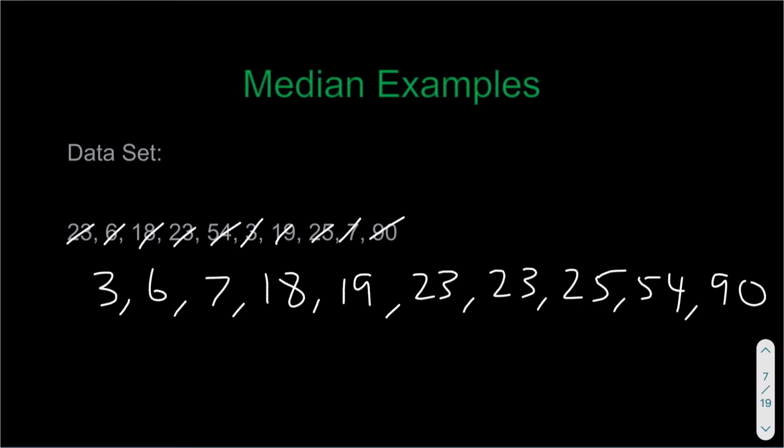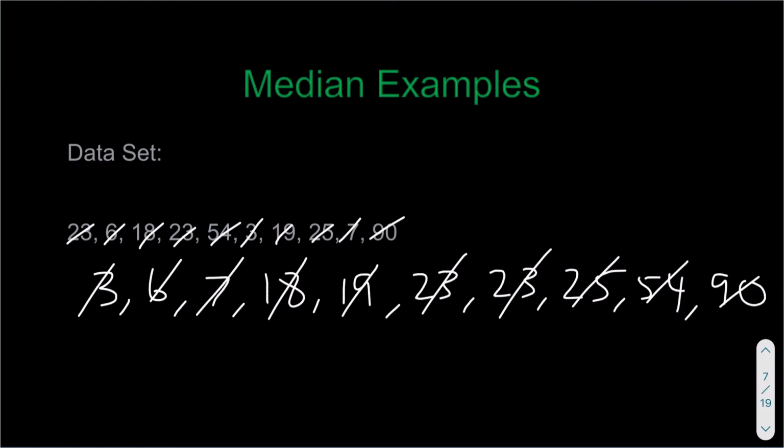Now, let's use that crossing out method again. As we try to hone in on a single number, watch what happens. We have 2 numbers left, but we have to cross out the beginning one and also cross out the end one. But once we cross these 2 out, there's nothing left.